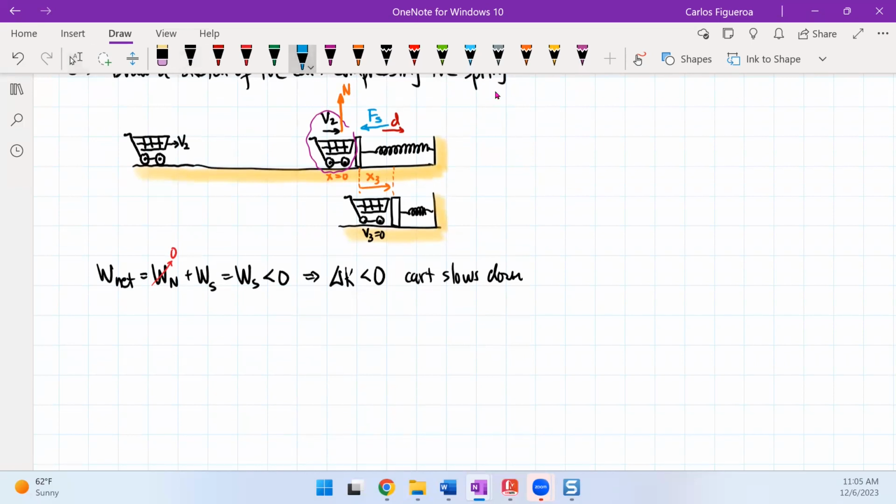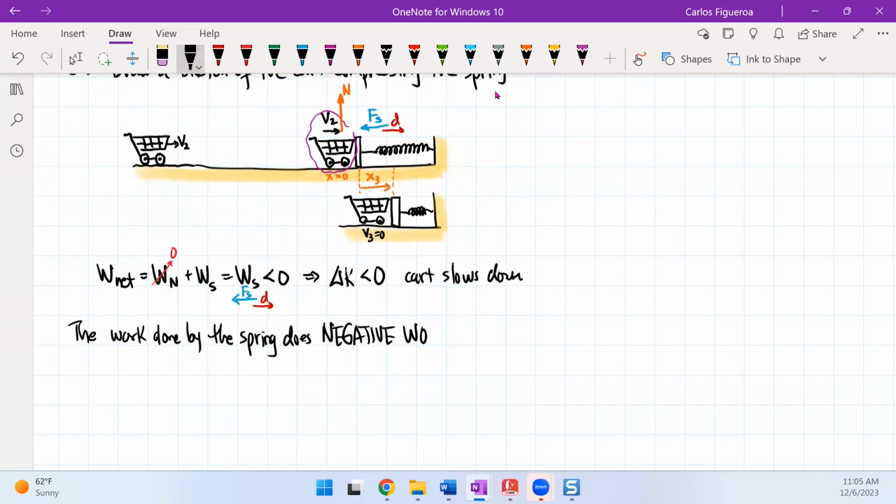So now, writing this out in words, we then say the following thing. When I look at this work of the spring, we see that this guy is negative because of this thing right there. So here we go. The work done by the spring does negative work, since we see that these guys are in opposite directions.